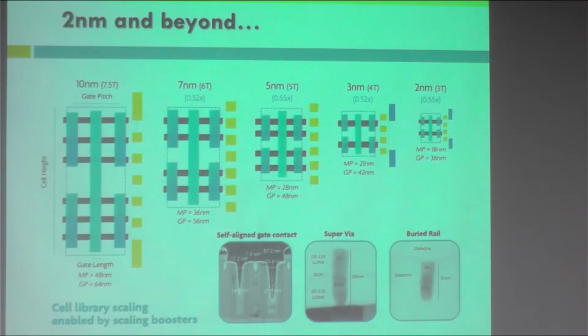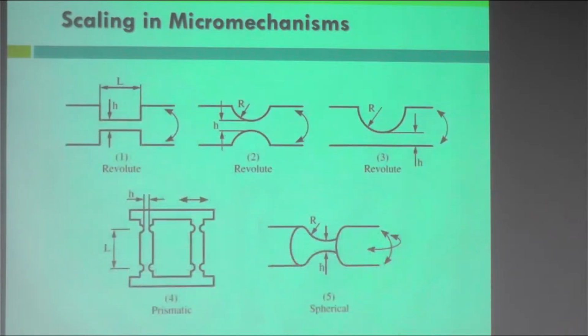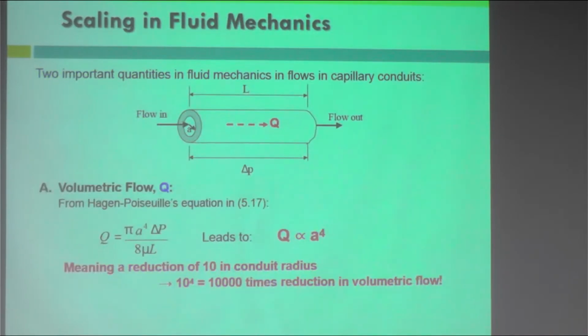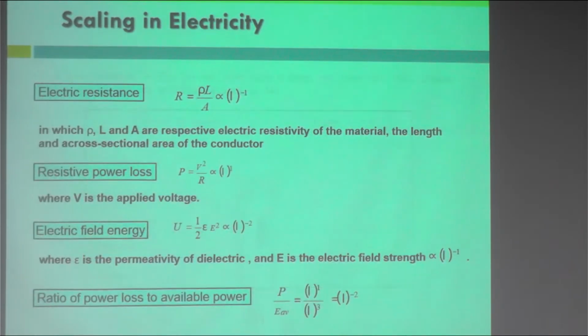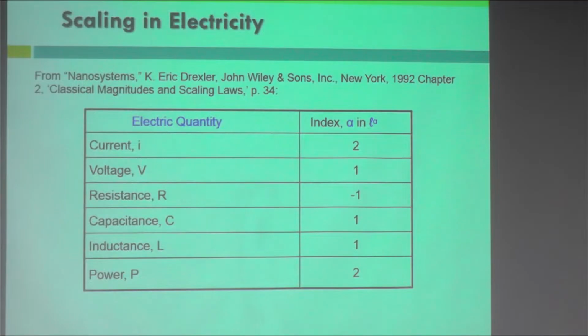So you see that the relationship here for the electrical, right? The current, power of 2 here, and the voltage 1, the capacitance, etc. This will have an effect to the device itself. So the retention of the capacitance.